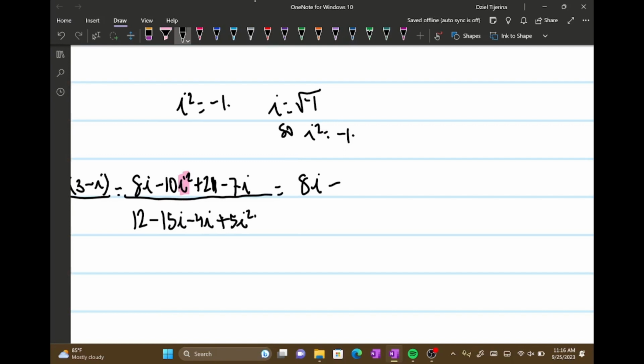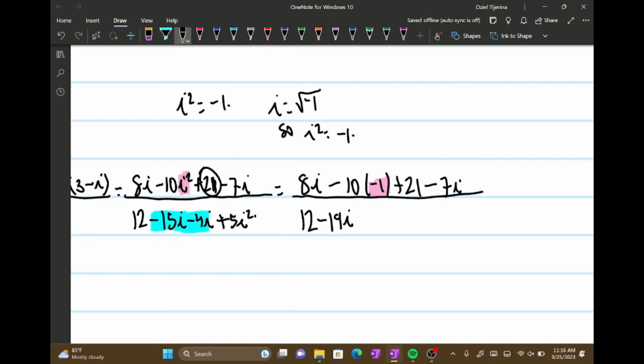So you have 8i minus 10 times negative 1, and then plus 21 minus 7i, all over 12, and this part becomes negative 19i, so minus 19i plus 5 times negative 1, the same idea. We want to make sure we understand that i squared is negative 1.